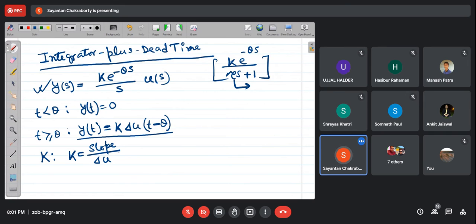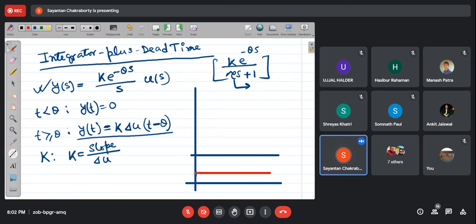So how will the response look? If we draw two axes, the input change has occurred at this point, and the corresponding output change will be like this. If you look carefully, this will be your theta, and the slope.